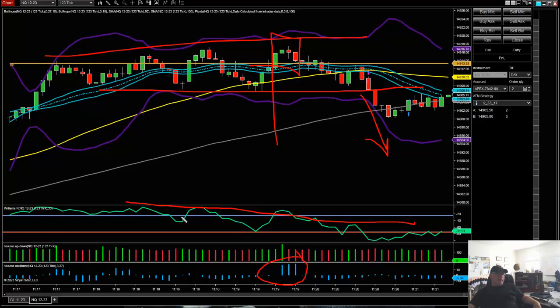Volume spike up there. Things are coming down after the big move up.